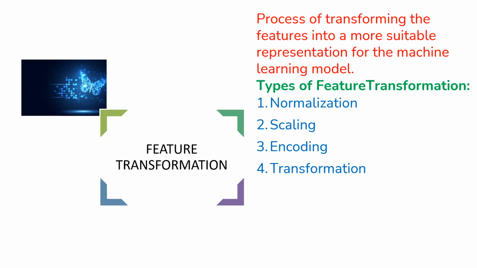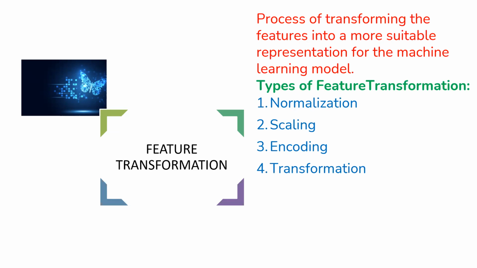Scaling is a technique used to transform the numeric variables to have a similar scale so that it will be easy for comparison. And encoding means transforming the categorical features into a numerical representation. So in scaling, we transform numerical values to have a similar scale so that they can be compared more easily.